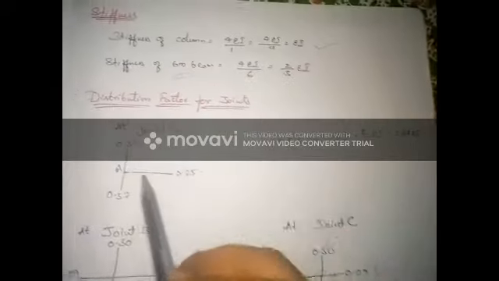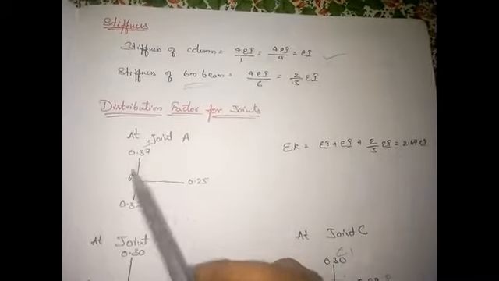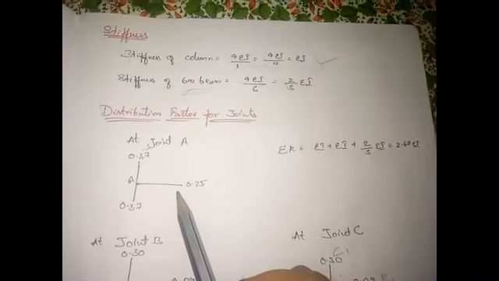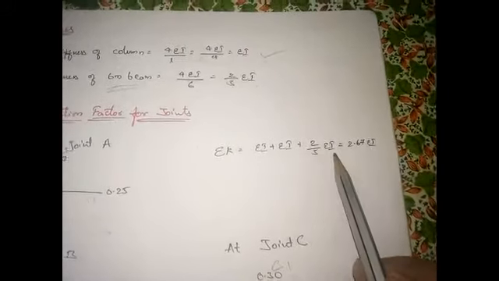That is, the stiffness for a joint: the column is EI, and this is 2 by 3 EI. So directly we'll add the sum of stiffnesses, EI plus 2 by 3 EI. Whereas if we go for a tabular process, then we are supposed to consider all the members.